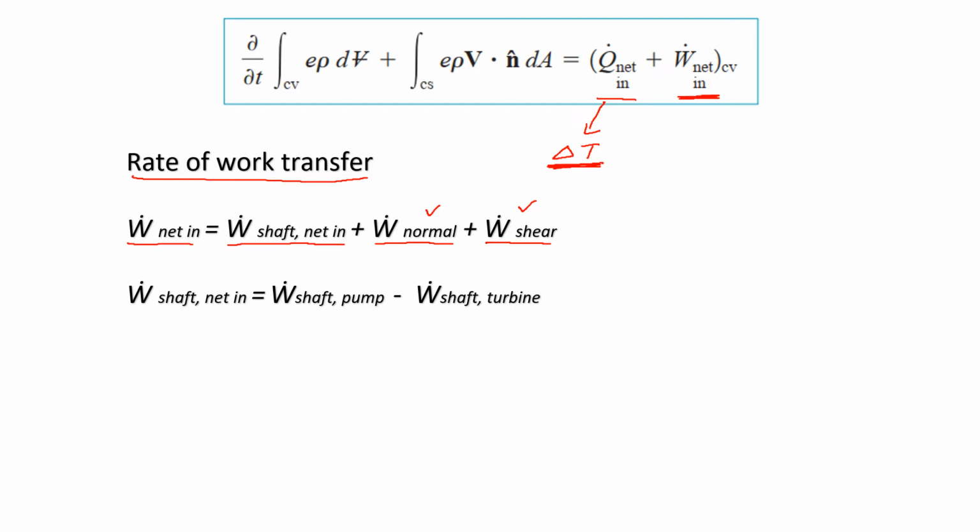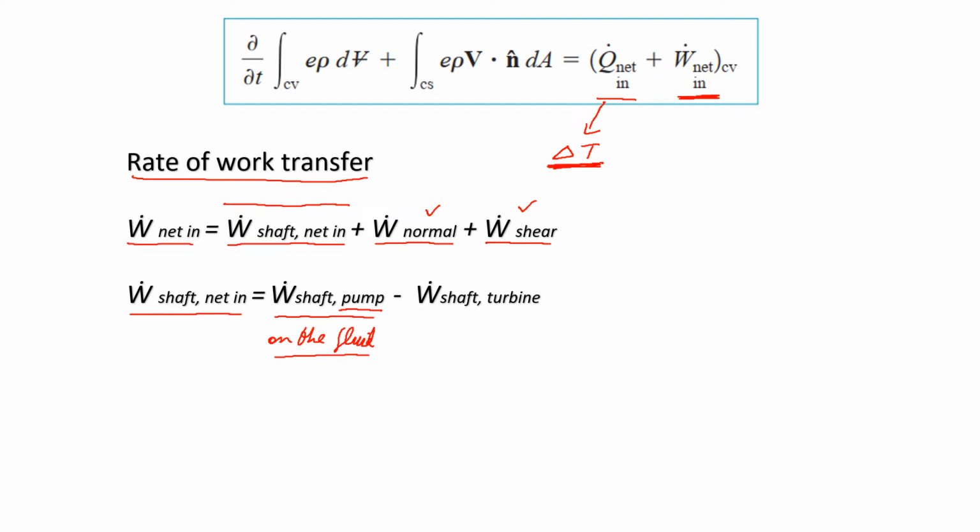We will first discuss this rate of work transfer for the shaft. So the work transfer for the shaft is equal to the work done on the shaft, sorry, the work done by the shaft. In this case, the best example is the pump, because in a pump the work is done by the shaft on the fluid.